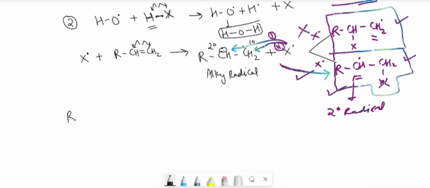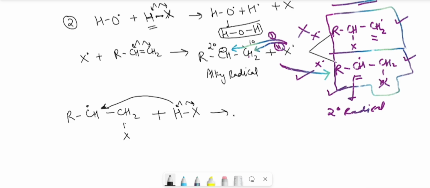Another molecule of hydrogen halide, HX, will break homolytically. Why homolytically? Because this radical wants to get stable desperately. So the hydrogen will react with this carbon radical.